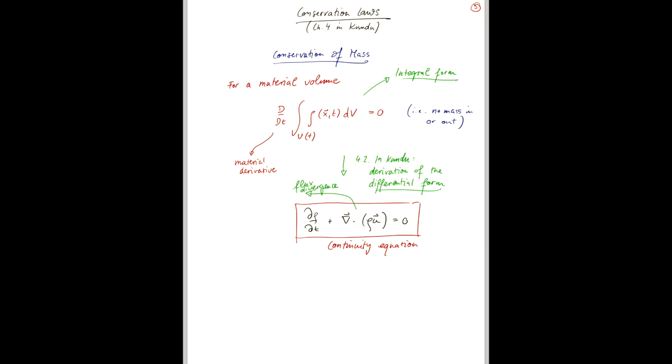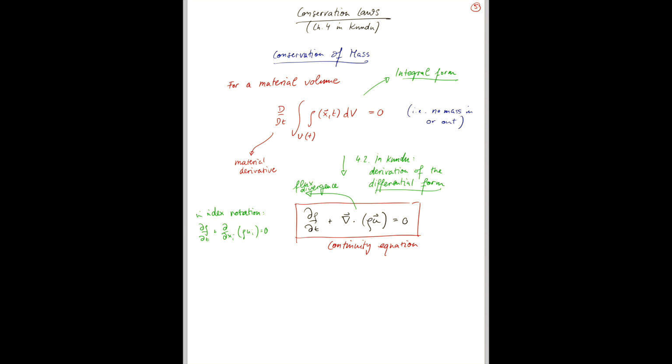In index notation, we would write this as d rho dt plus d by dxi of rho ui equals 0.